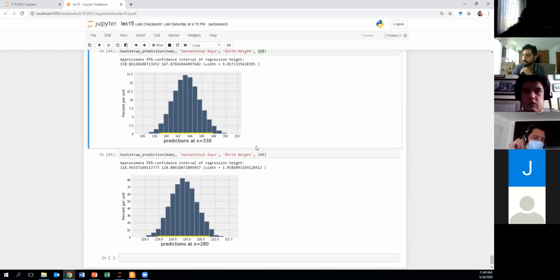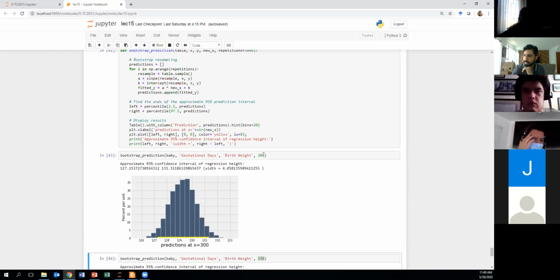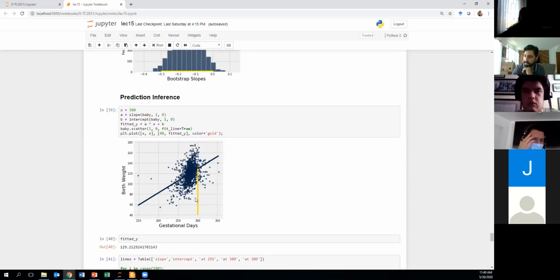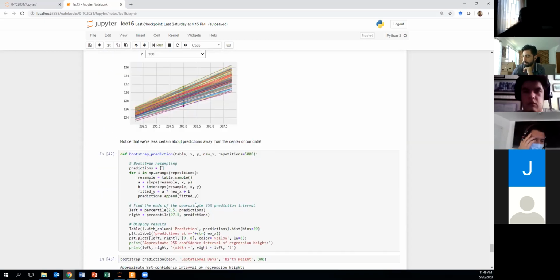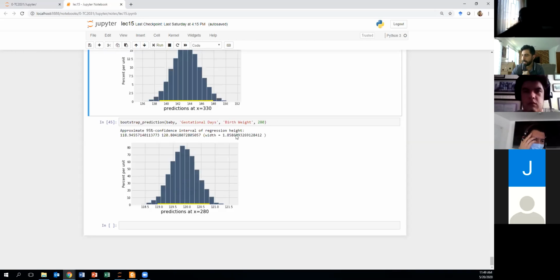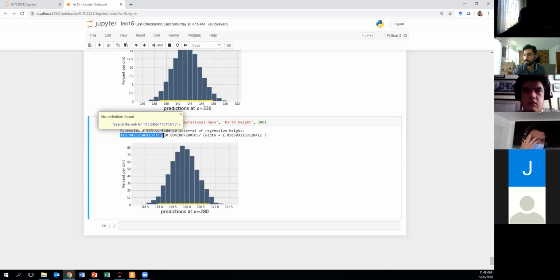So what if I get closer to the center, somewhere around my mean, which would be around 280? If I go there and calculate the same thing again, I'm going to get this. Again, with a 95% confidence interval for gestational day 280, the baby weight is going to be between around 119 and 120.